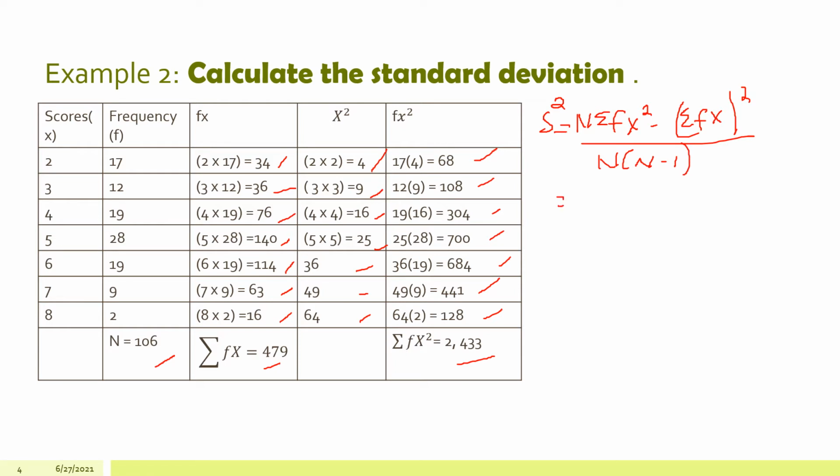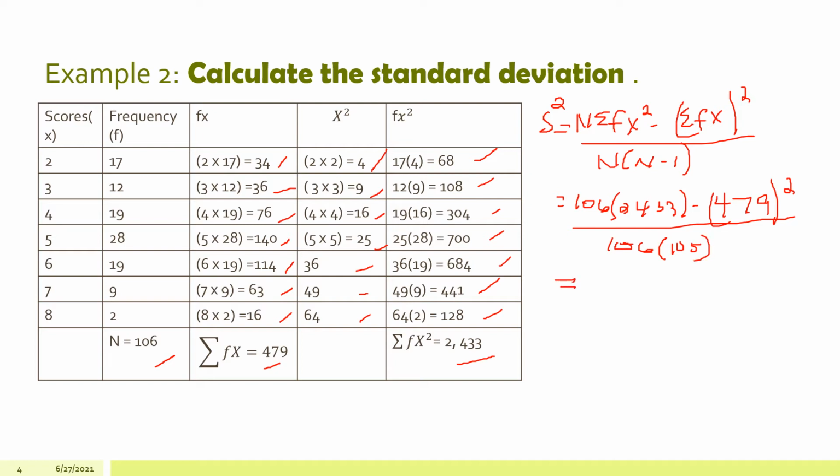So we have 106 times 2,433 minus 479 squared, over 106 times 105, because 106 minus 1 is 105.